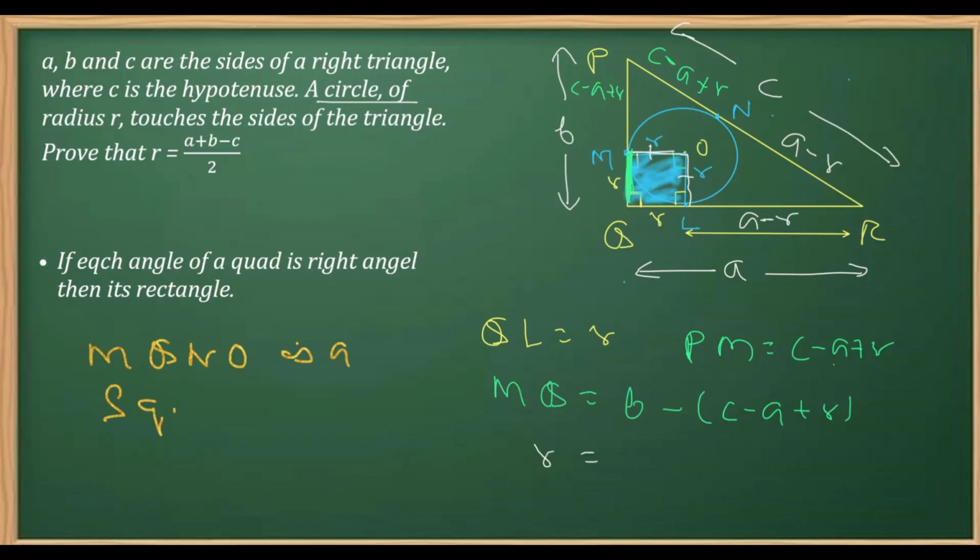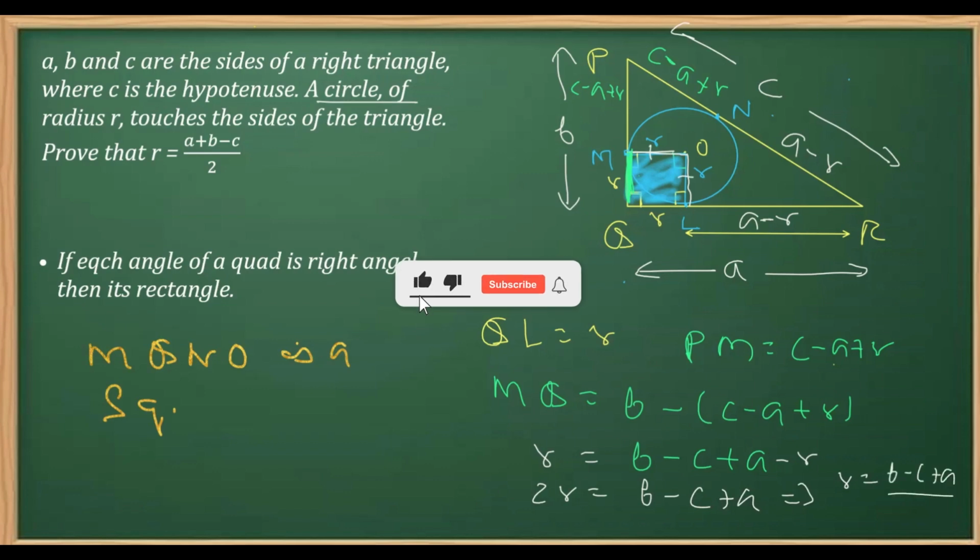So I'll write R over here. Let's write this is B minus, opening the bracket, C minus A plus R. Now keeping R on the same side, R plus R will become 2R, which is B minus C plus A. That implies if I have to get R, I'll write this as B minus C plus A over 2. And that is what we have to prove.